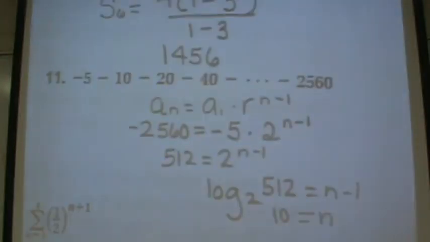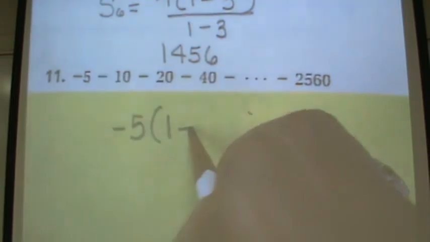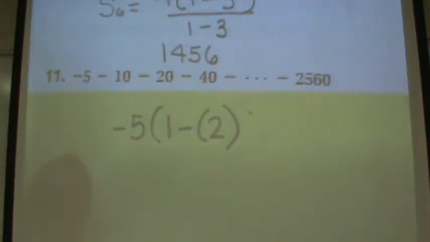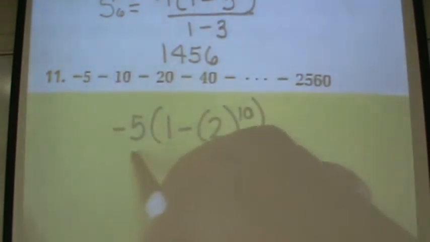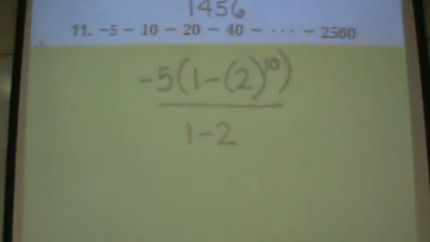So, tell me what this formula looks like. Let's finish it. Negative 5, 1 minus the R value. How many terms are we adding? 10. 1 minus 2. That's what you have. So, let's do it.